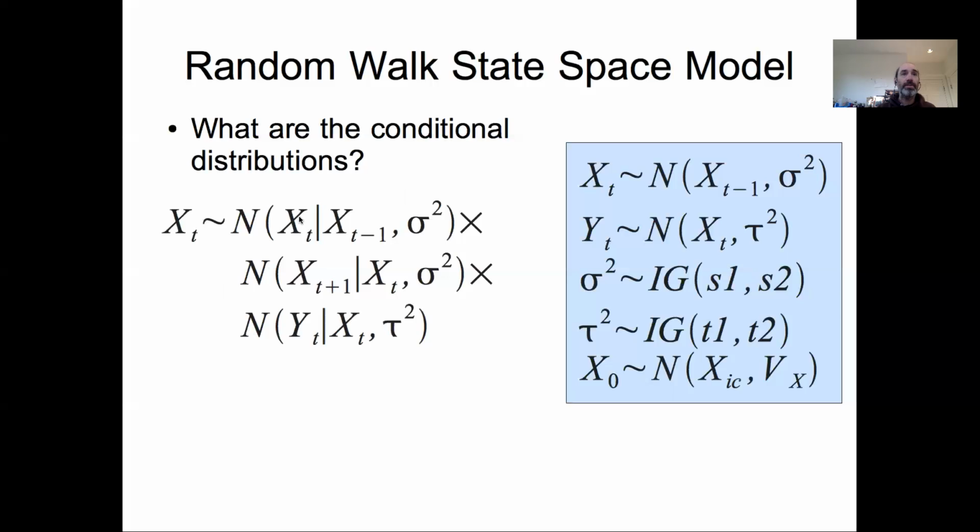And what we found was that the precision when we combined normals was the sum of the precisions. So if we took this sigma squared and wrote it as a precision, S as 1 over sigma squared, and wrote this tau squared as a precision, T as 1 over tau squared, then the precision of our estimate of X is going to be the sum of these precisions.